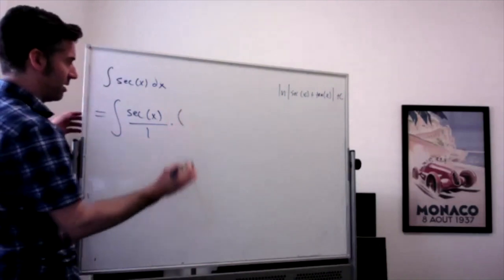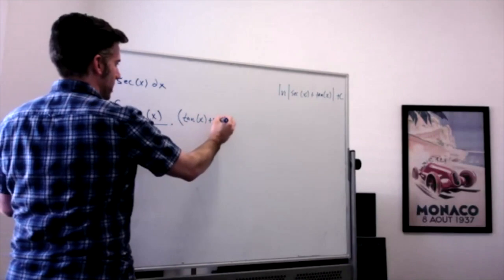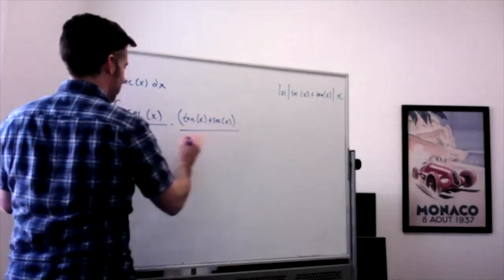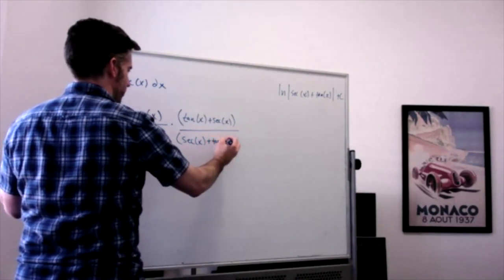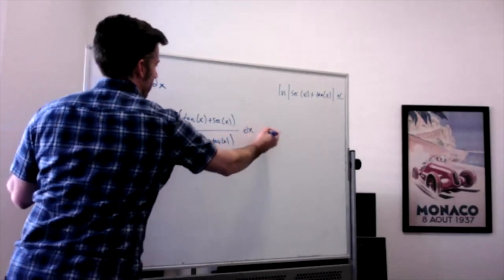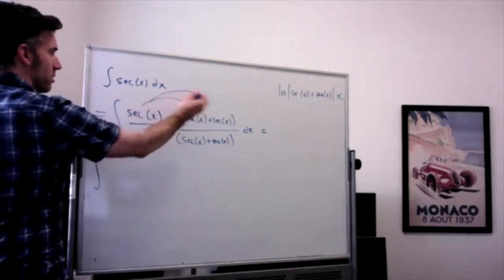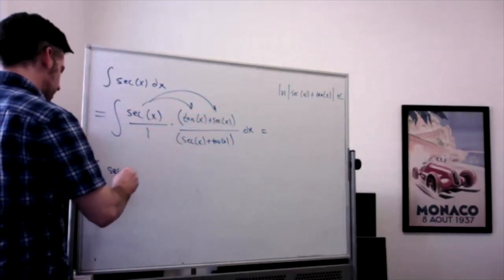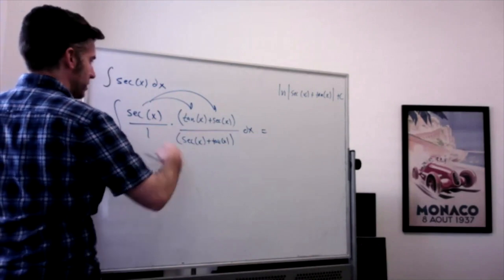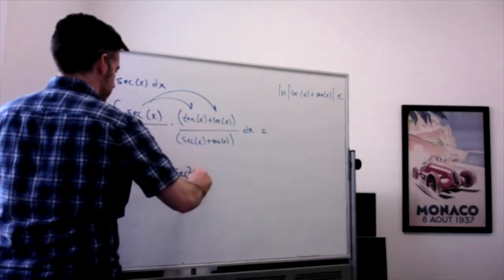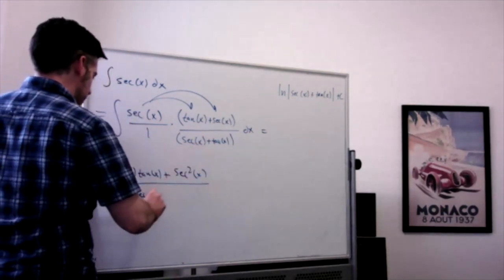I'm actually going to write it out of order. I'm going to do the top as tangent plus secant and the bottom as secant plus tangent. So when I multiply out the top, I get secant x tangent x plus secant times secant, which is secant squared x, over secant times the quantity secant plus tangent.